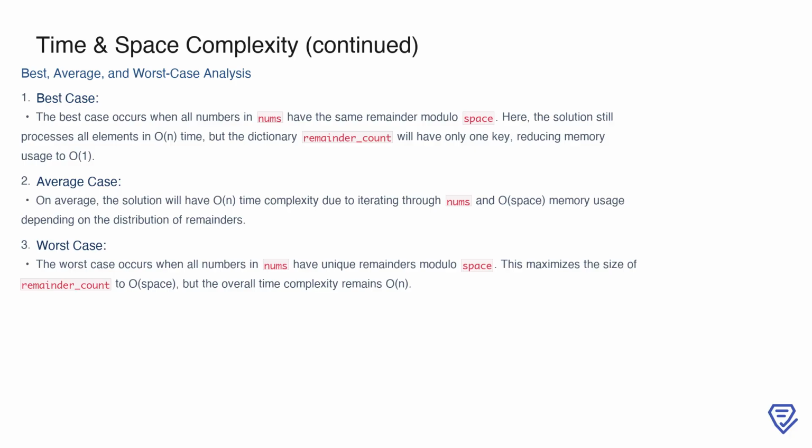On average, the time complexity remains O(n) due to the linear scan of nums, while the space complexity depends on the distribution of remainders, making it O(space). In the worst case, all numbers in nums have unique remainders modulo space. This maximizes the size of remainder_count to O(space), but the overall time complexity remains O(n), as it is dominated by the linear scan of the array.